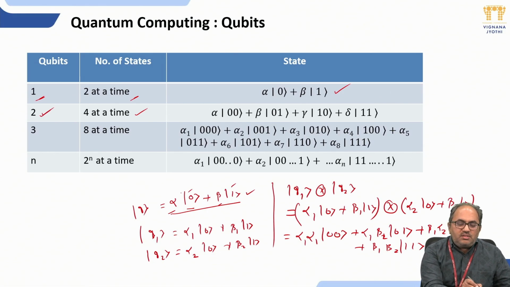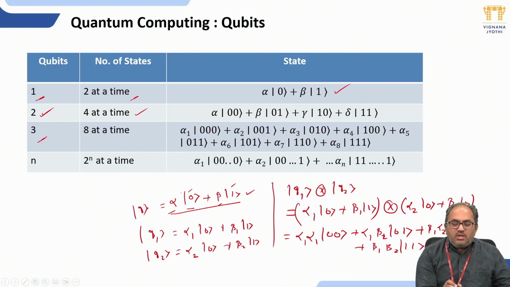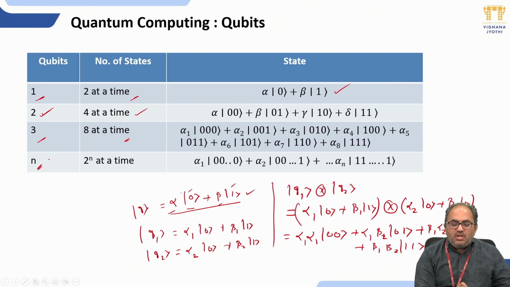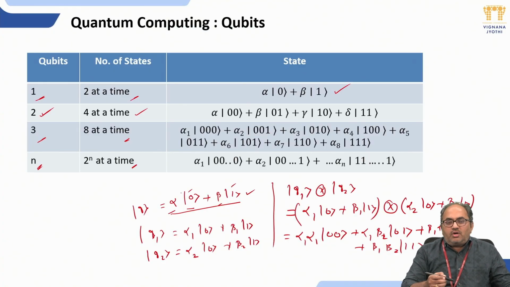If you continue like this, if you have 3 qubits, you can have 8 states at a time. These are all the 8 states. Simple mathematics will give you this answer. Now continue this. If I have n number of qubits, you will have 2 to the power of n states at a time. Right. Now, how are we going to have a conclusion from this?